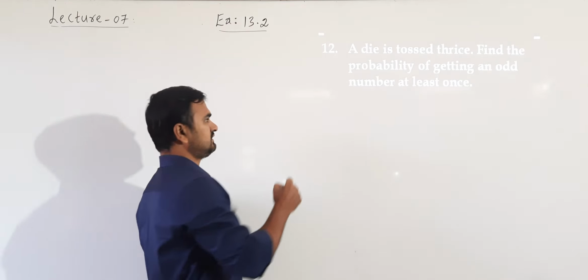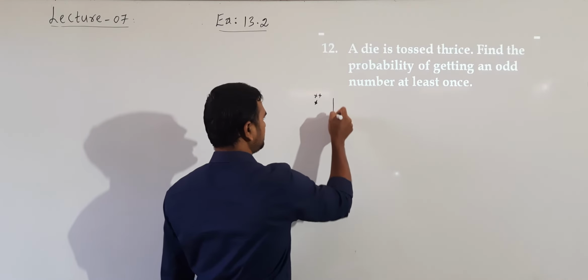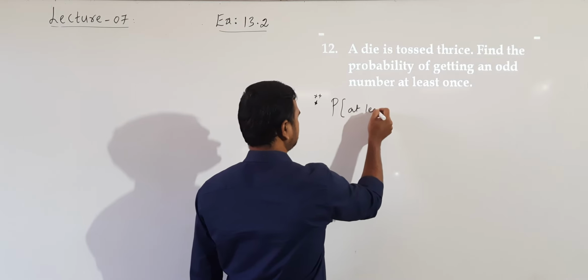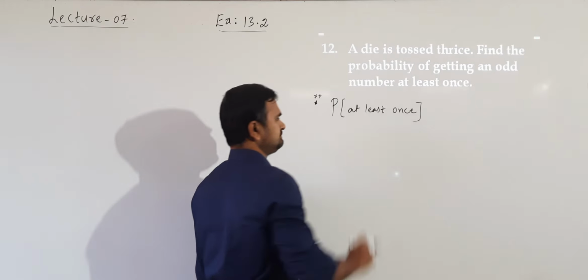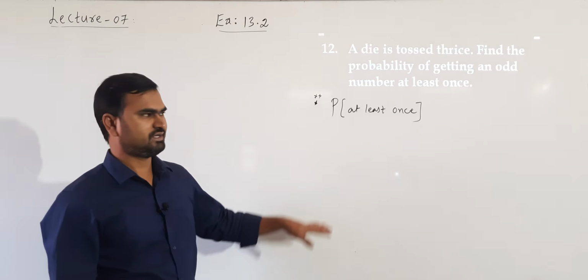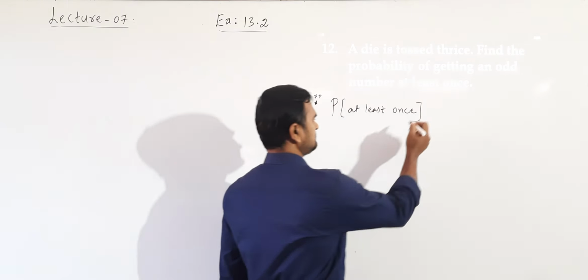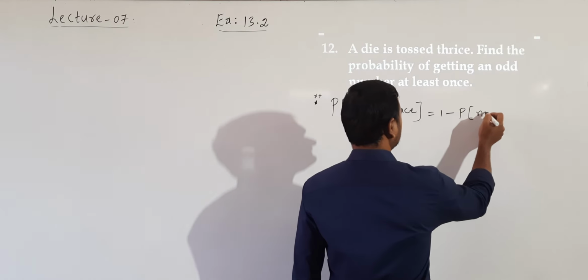Okay. So here there is one formula. Whenever we are interested in finding probability of occurrence of at least one, the probability of occurrence of any event at least once is written as 1 minus probability of occurrence of the event none of the times.